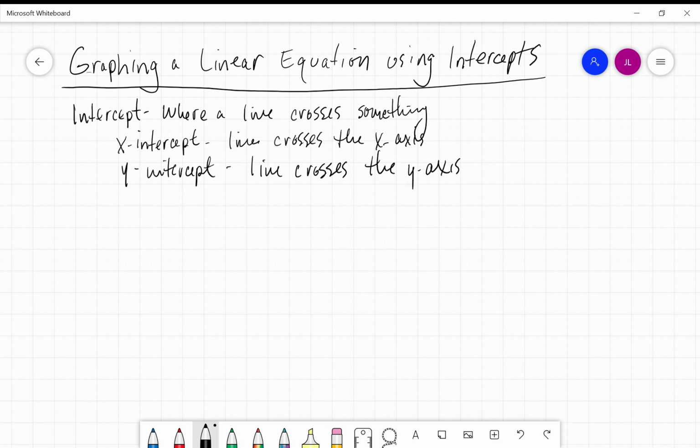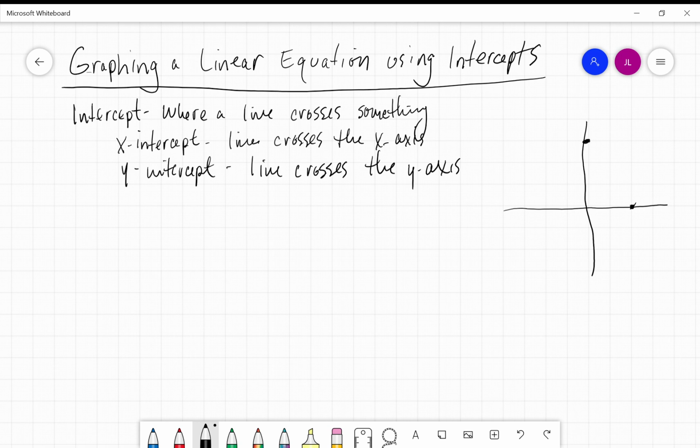So if we get a little graph over here, a little tiny graph. Alright, so here's our little graph. If we had a line, let's say, and 2 points on that line, 1 point is here, 1 point is up here. These are our intercepts.